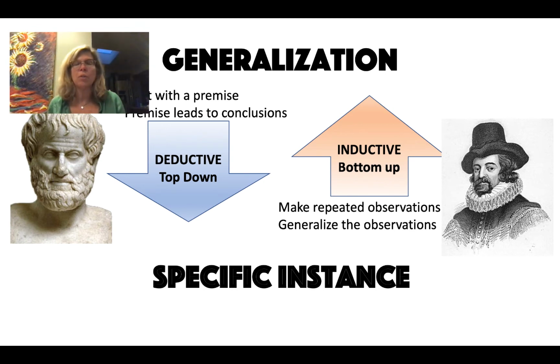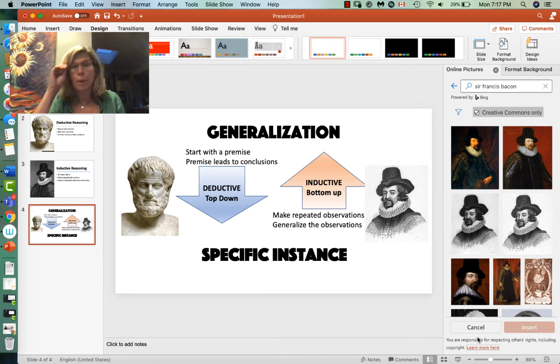Now these two gentlemen on this slide, the guy on the left is Aristotle, and Aristotle sort of coined deductive reasoning thousands of years ago. And then fast forward a couple thousand years, and this is Sir Francis Bacon, who came up with the inductive reasoning idea. That's pretty interesting stuff, isn't it, in your math class?